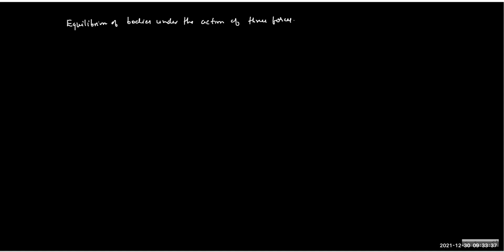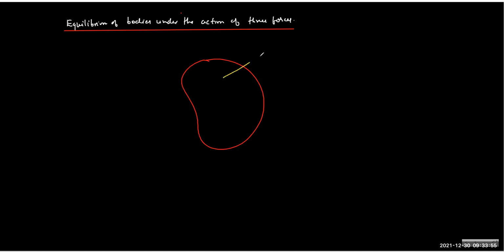So what will be the condition that a body is at rest when three forces are acting? We have just seen that if we have two forces, they must be equal and opposite. So let's say we have three forces, F1 acting here, F2 acting here, F3 acting here.